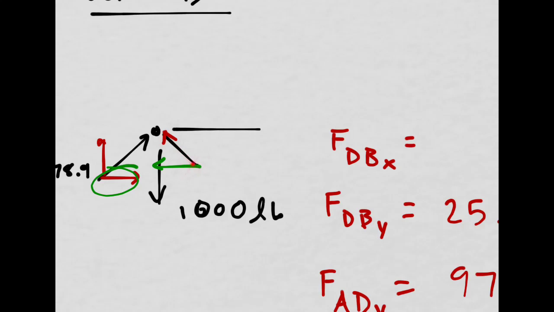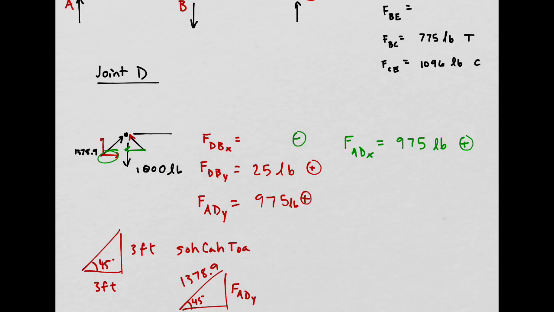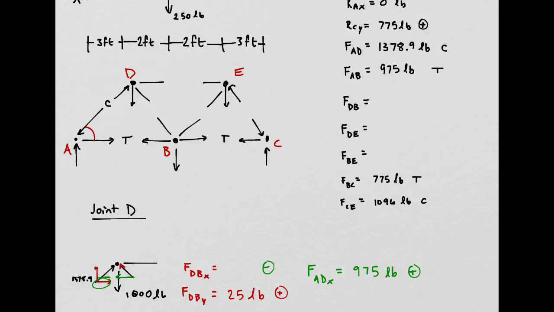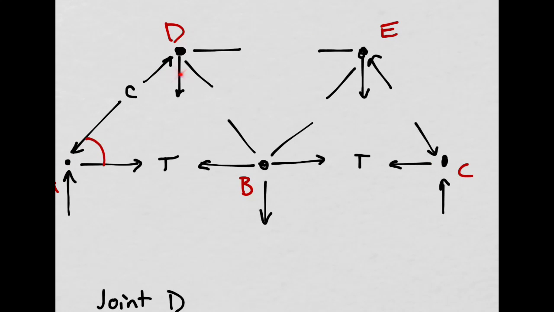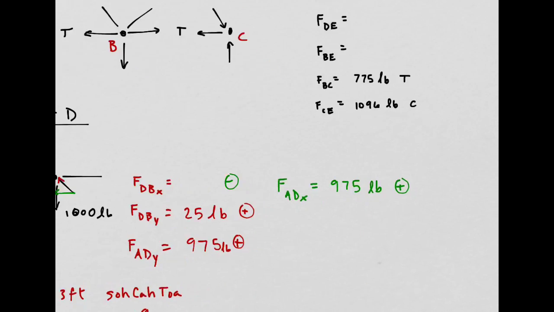Maybe I can just find the actual force, FDB, using trig. I already know that this triangle right here has 56 degrees. We figured that out in class, I think. I'm pretty sure we did.